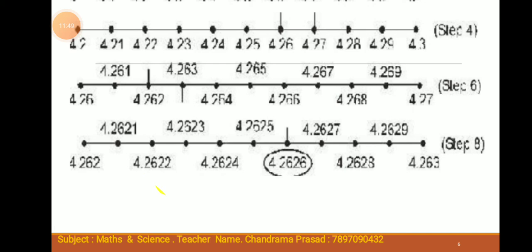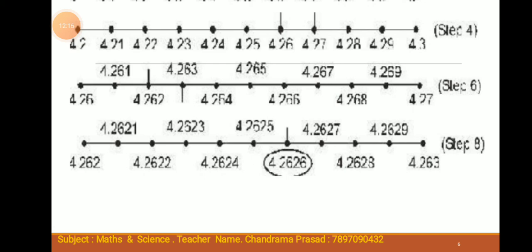4.2621, 4.2622, 4.2623, 4.2624, 4.2625, 4.2626, 4.2627, 4.2628, 4.2629 and 4.263.